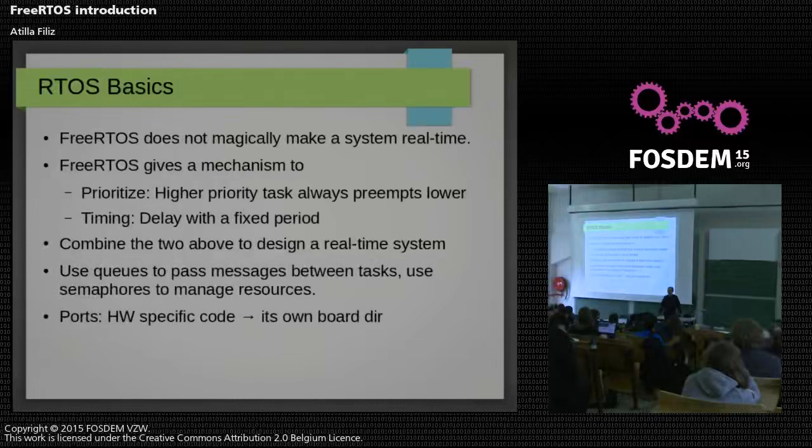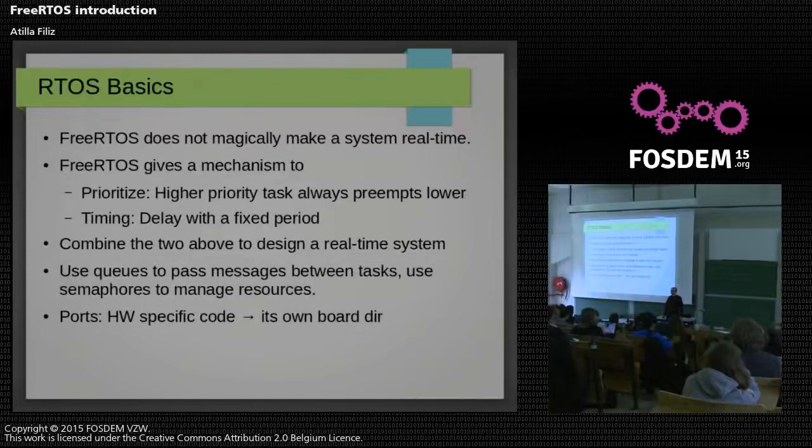FreeRTOS, or no piece of software, can turn a system into real time. You need to design your system to be real time. What FreeRTOS does is give you the facilities to make your system predictable, so that you can design it in a real-time way.